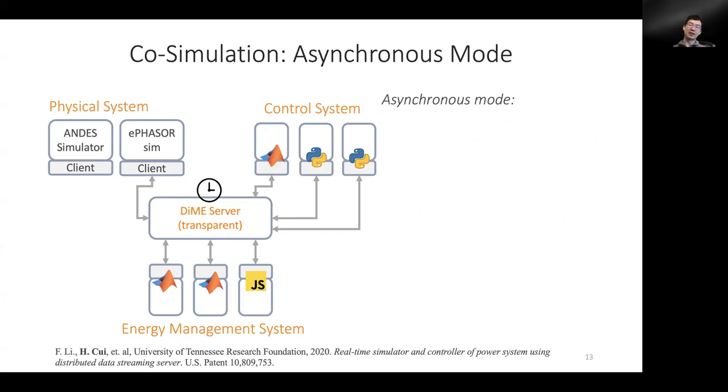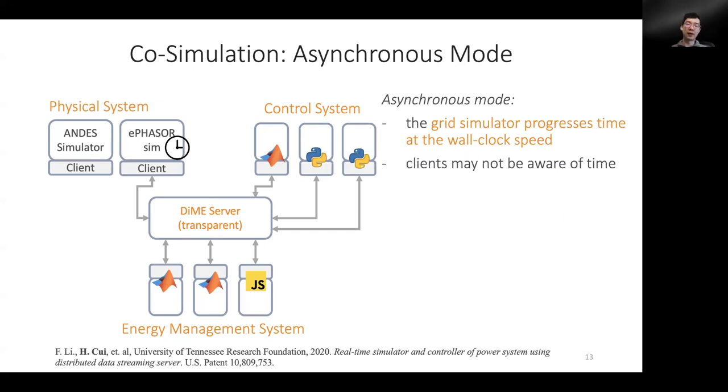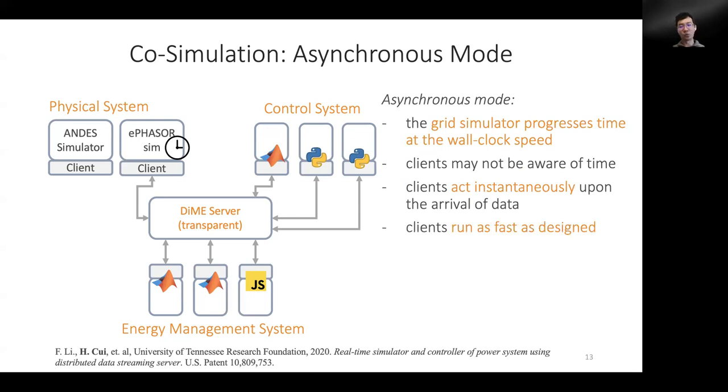On the other hand is the asynchronous mode, where instead of letting DIME control the time step, we let the grid simulator progress time at the wall clock speed. It is also known as real-time simulation. So clients may or may not be aware of time, but the clients will act instantaneously upon the arrival of data, and clients should run as fast as they're designed for.